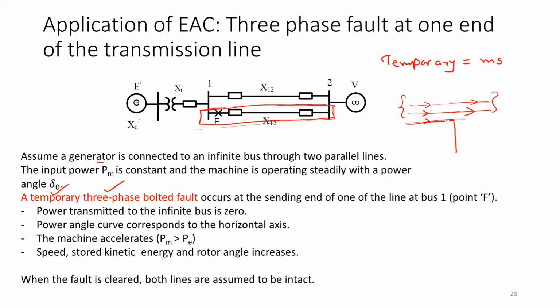Only the current through one of the phases will be grounded. Now, if all three are grounded, then definitely the fault current will be the maximum, isn't it? Right? Yes sir. So this is the reason why a three-phase fault is more severe than a single-phase fault.